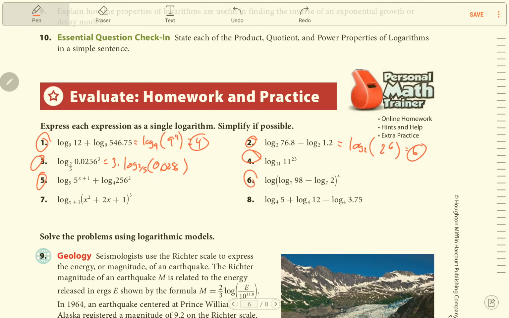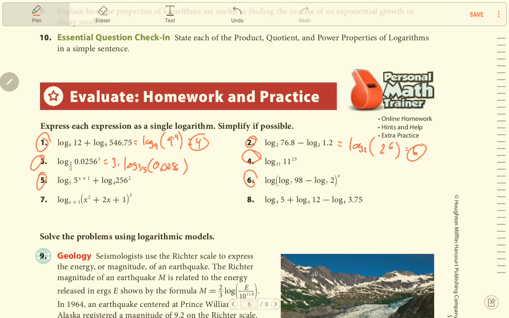Let's see. So 2/5 is like 0.2. So we can just keep multiplying 0.2 by itself until we get that answer. Oh, it's not 2/5, it's 0.4. My bad. 2/5 is 0.4, not 0.2.